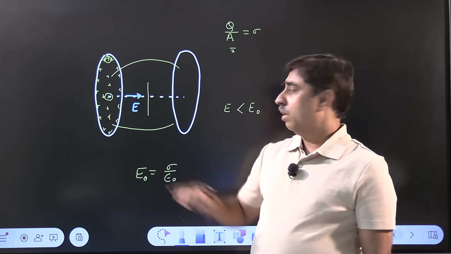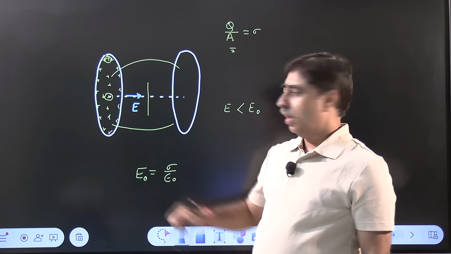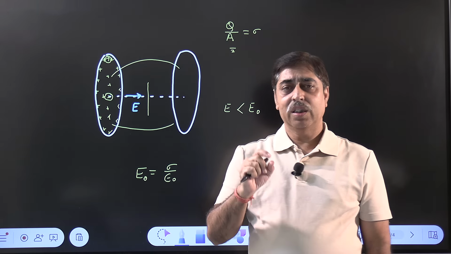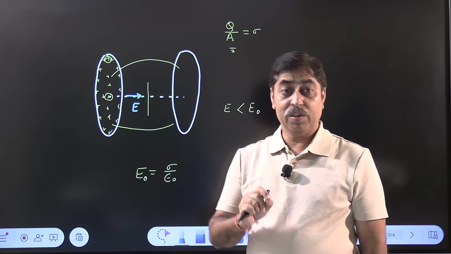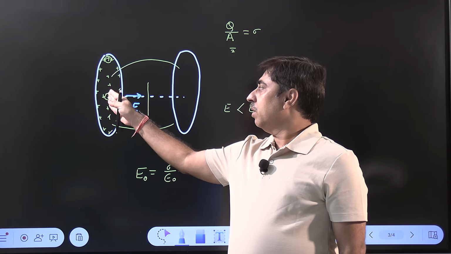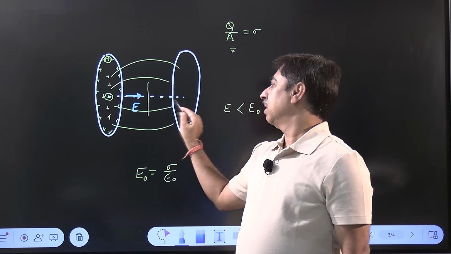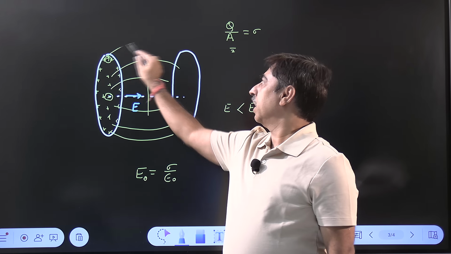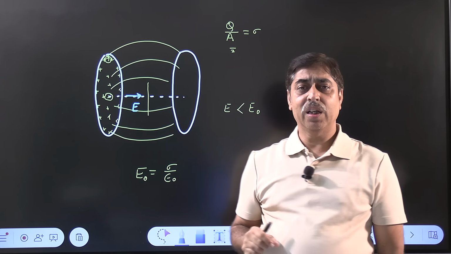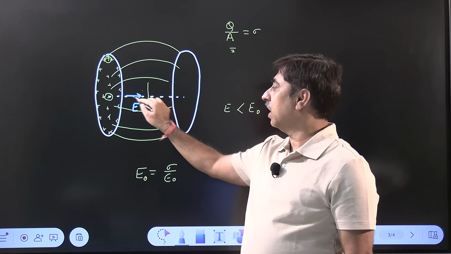So, actually the density of field lines will be higher near the center, and as you move away from the center, the density of field lines tends to decrease. Because the field lines are spreading like this, very near the center of the plate the density of field lines is a bit higher than the density of field lines here, here, here or here.